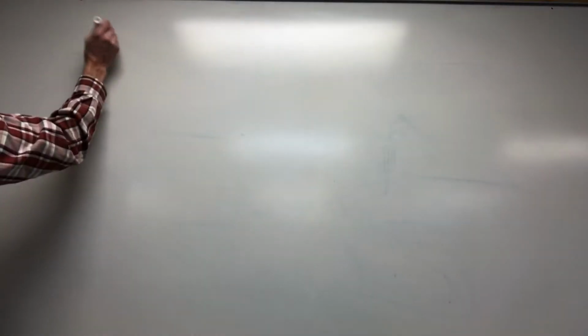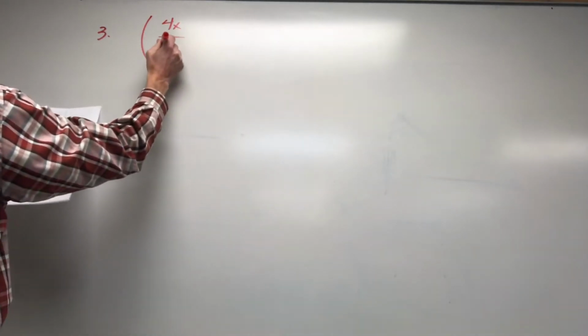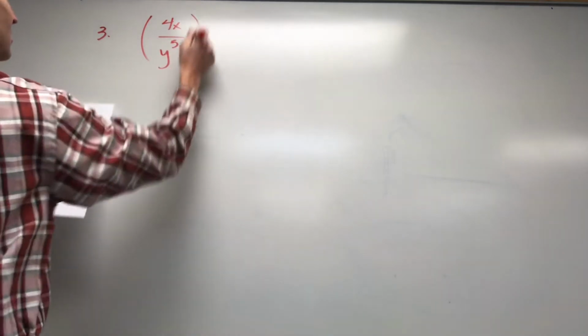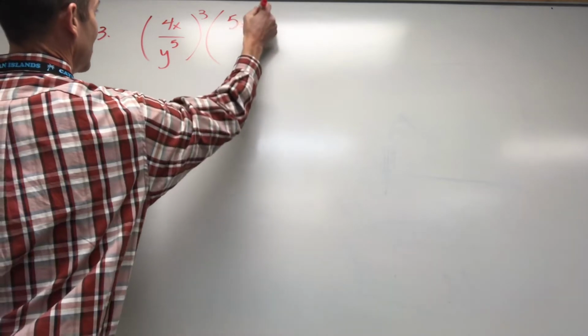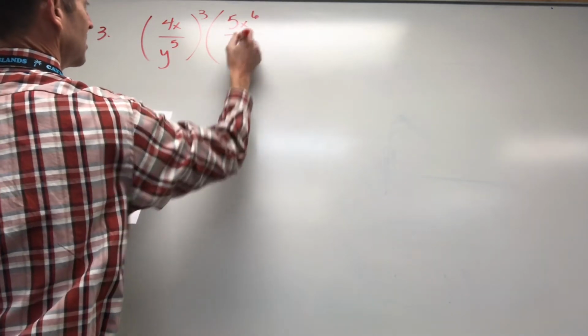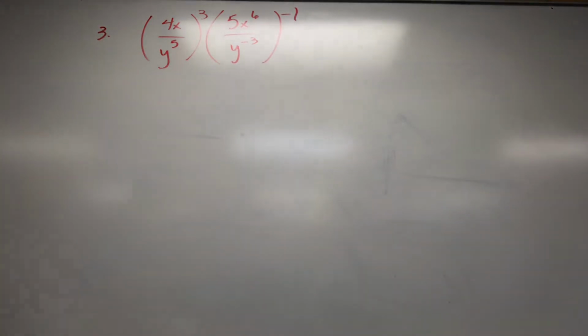All right, number 3. Got some big fractions coming at you on this third one. Oh, we have a negative exponent out there. I'm going to show you guys a trick that you probably know.